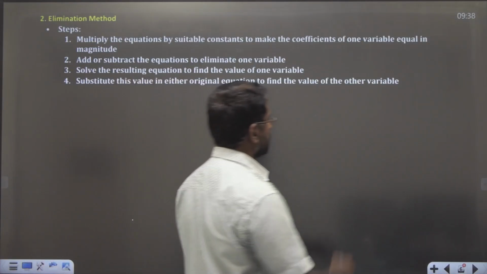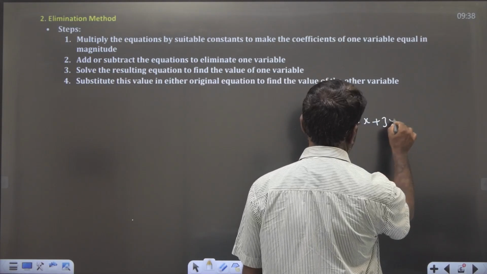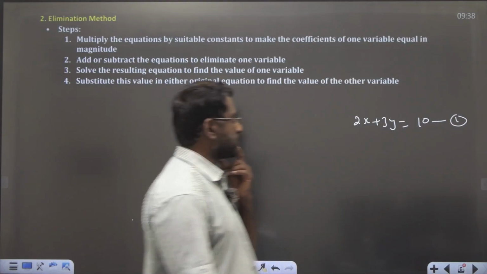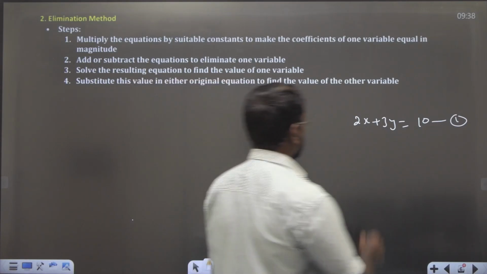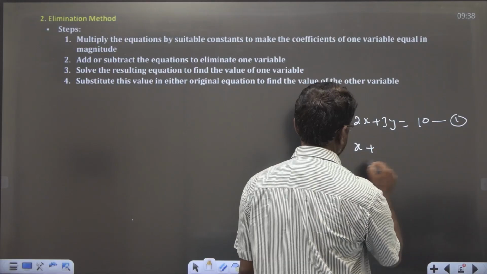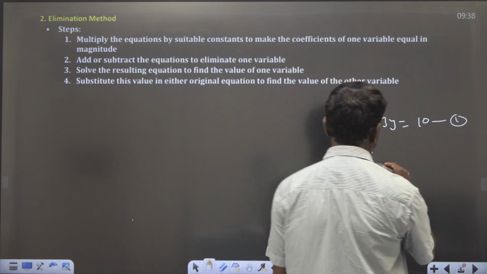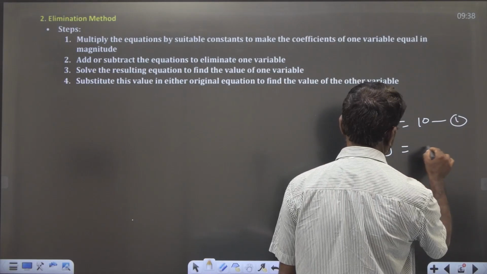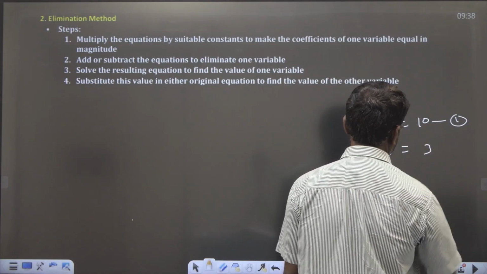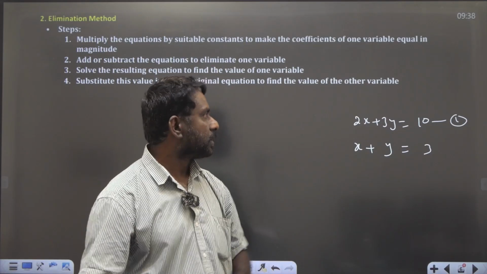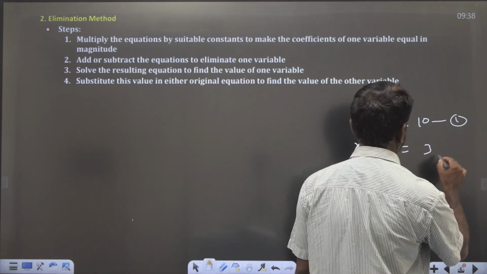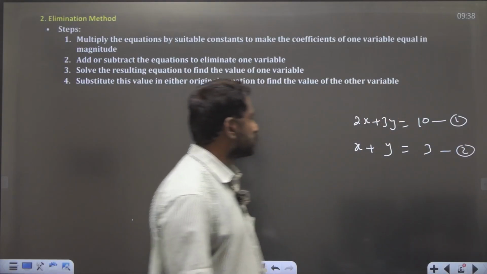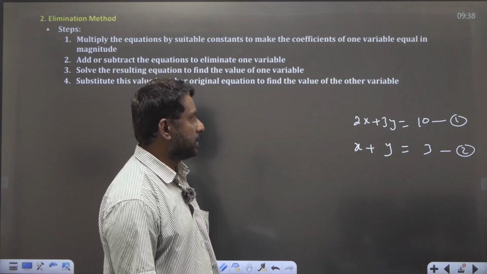Another question: equation 1, 2x plus 3y is equal to 10, and equation 2, x plus y is equal to 3. How can we solve it using the elimination method?